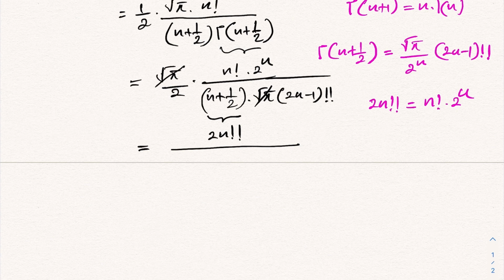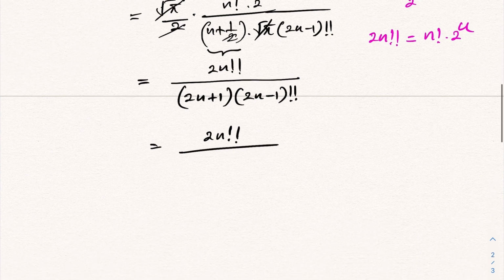If we take the common denominator, this 2 and this 2 get cancelled. So we have (2n + 1) times (2n - 1)!!. Okay, now (2n)!! over (2n + 1) times (2n - 1)!!. We know this is equal to (2n + 1)!!. Okay, we are done. This is the answer.